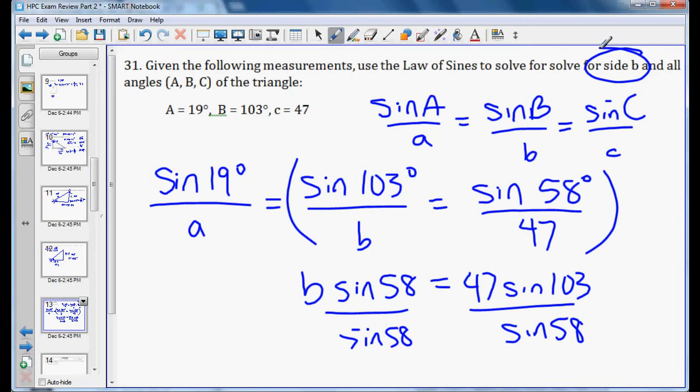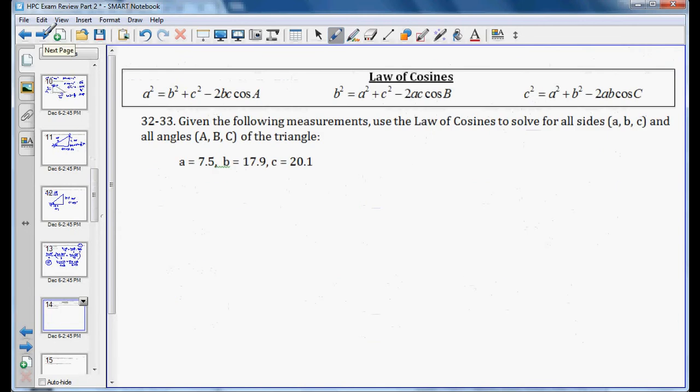Okay, now we do the law of cosines. Given the following measurements, use the law of cosines to figure out all the sides and all the angles. Well, if you notice, they give us all three sides, so we're going to have to just figure out all three angles. Remember, if they give you all three sides, you need to solve for the biggest angle first.